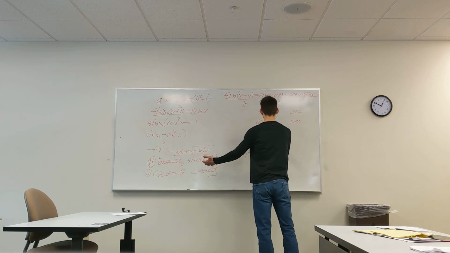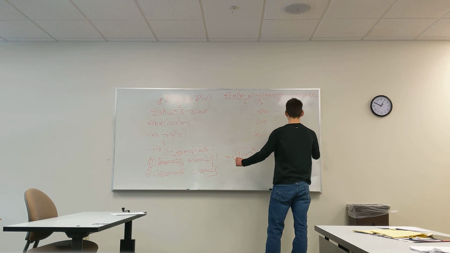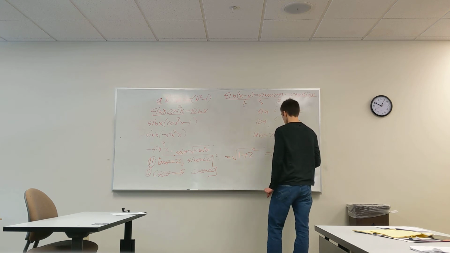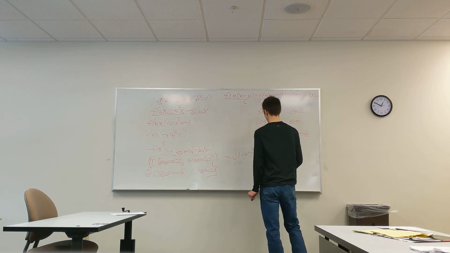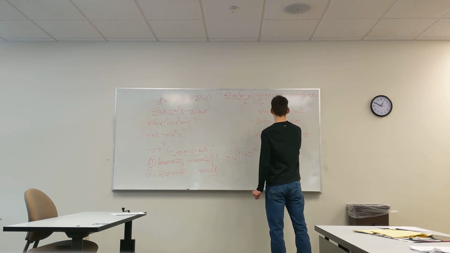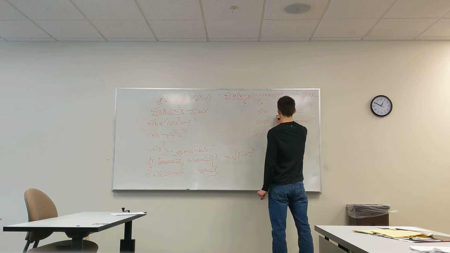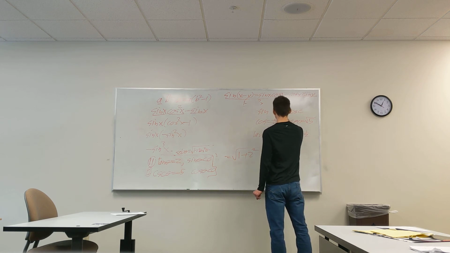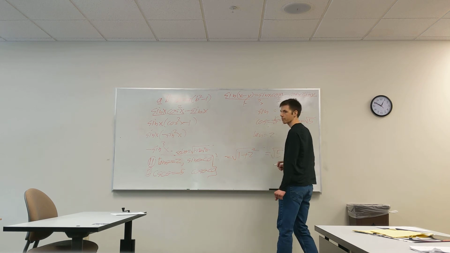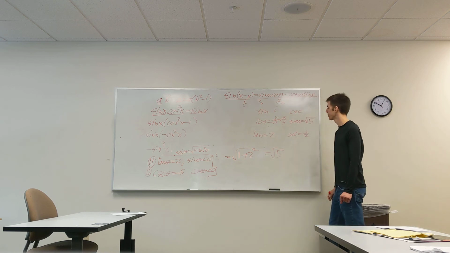Tangent is 2, so cotangent is 1/2, right? I've got secant, which is radical 5. So then cosine is 1 over radical 5, which is radical 5 over 5, right?